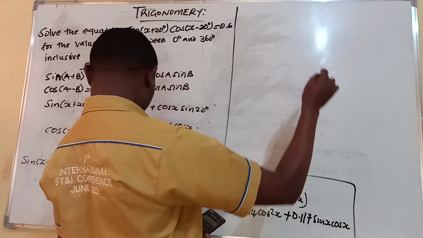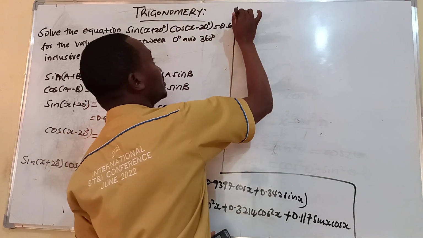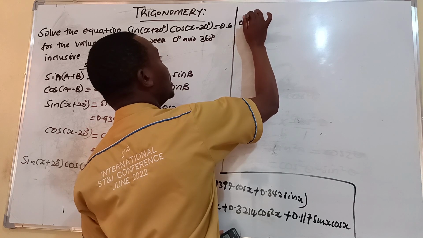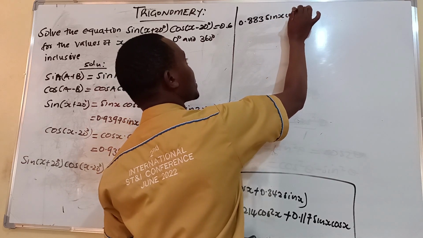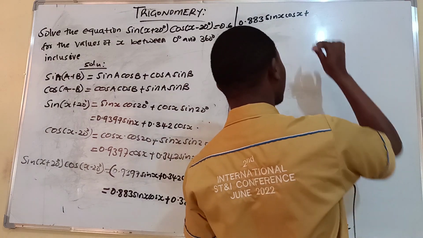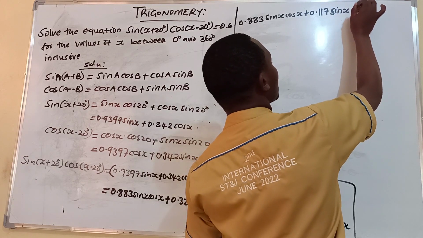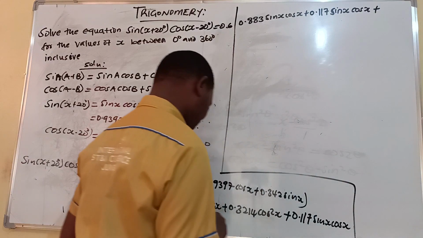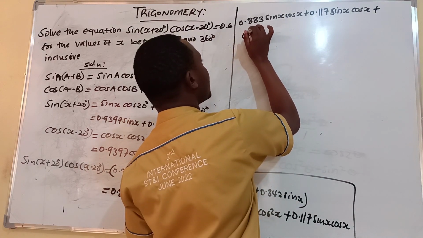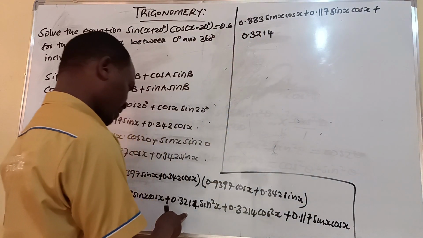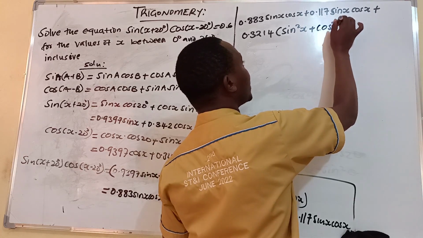I hope it's still visible on the screen. So now we have 0.883 sin x cos x plus 0.117 sin x cos x plus, if you factor out 0.3214, inside you have sin squared x plus cos squared x.